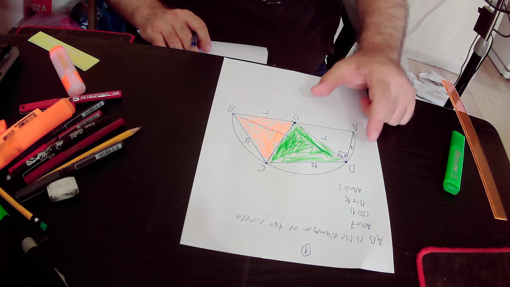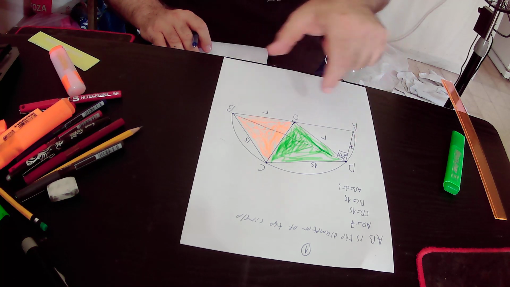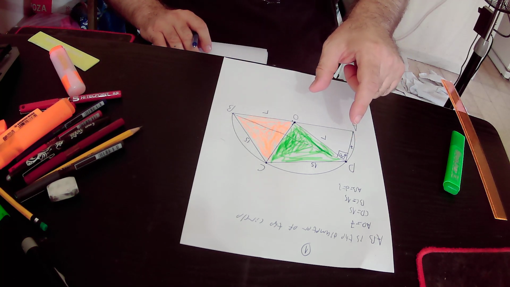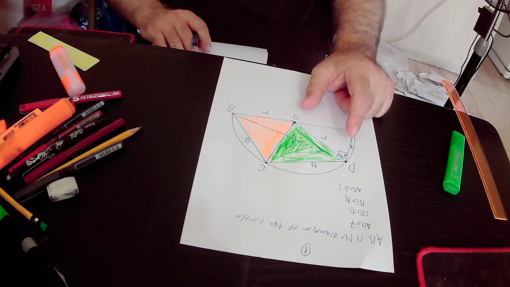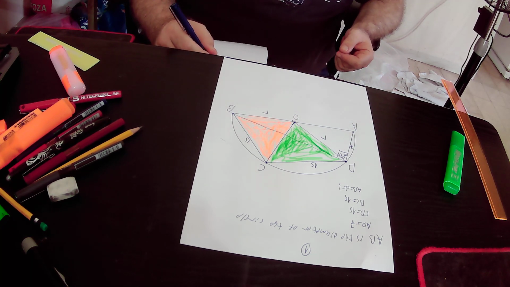First of all, OD equals OB. Both of those two line segments are defined as the radius of the circle. Therefore, they are equal to each other. So OD equals OB.